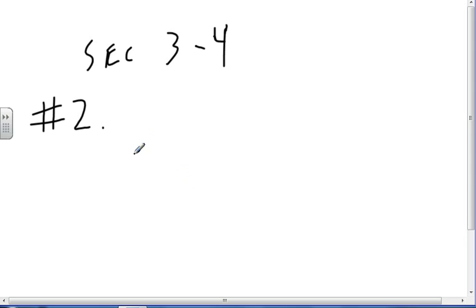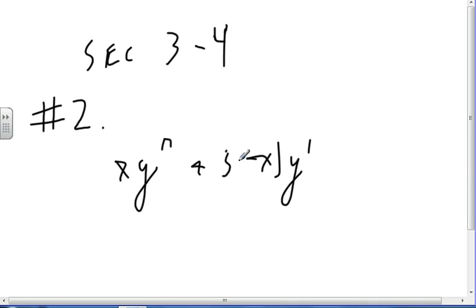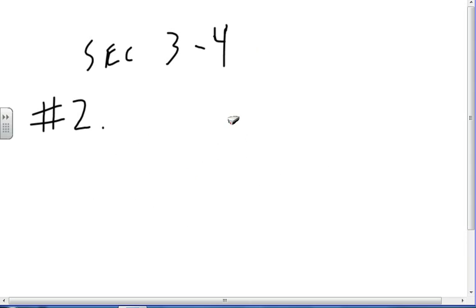Okay, problem number 2: x y double prime plus (5 minus x) y prime minus y is equal to 0. Now, I'm not doing well here, am I? I think I'm touching a part of my pen that I shouldn't be touching.